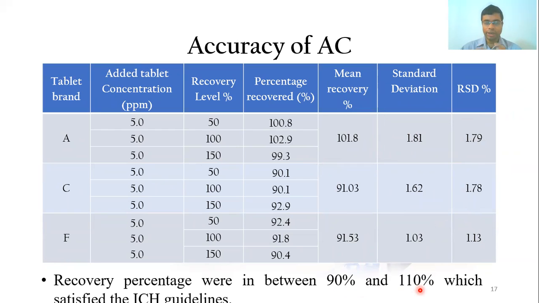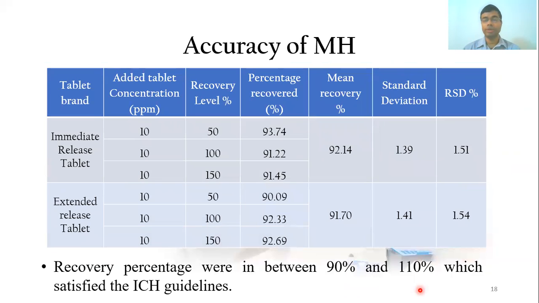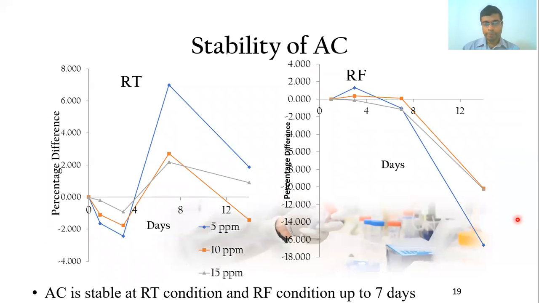So it again meets the acceptance criteria developed by the ICH guidelines, and we did the same thing for our MH drug, and again we found that our requirements are met there. So we can conclude that our method has good accuracy for the intended purpose.